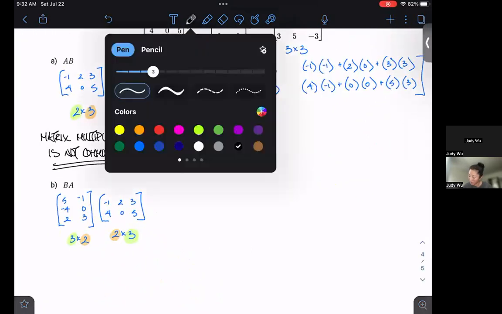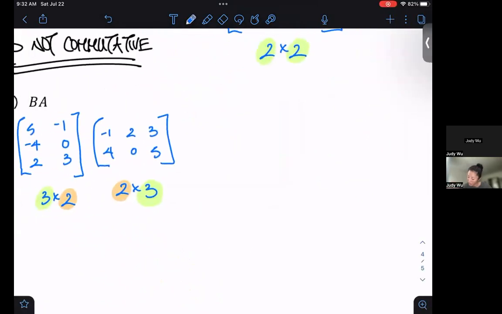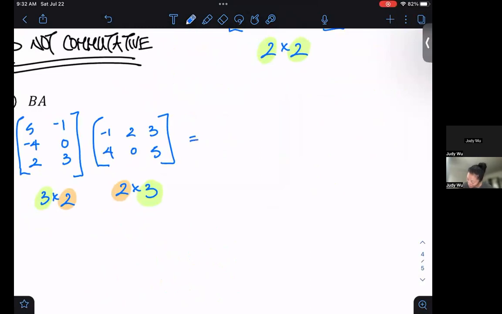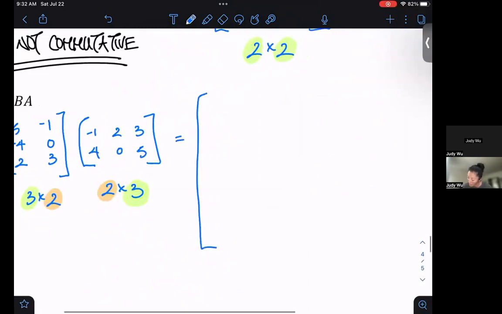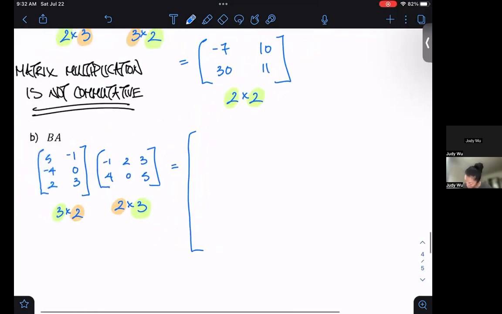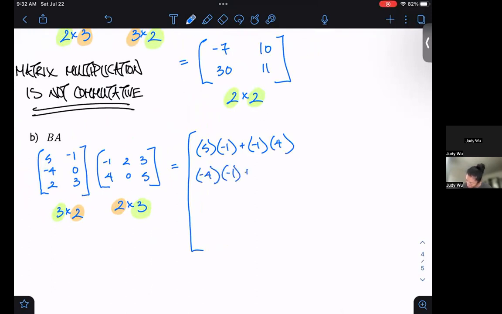Okay. All right, so let's work through our numbers here. I'll make this one a little bit bigger because I know I'm going to have 3 rows and 3 columns. So 5 times -1 plus -1 times 4. And then -4 times -1 plus 0 times 4. And then this one will be 2 times -1 plus 3 times 4.